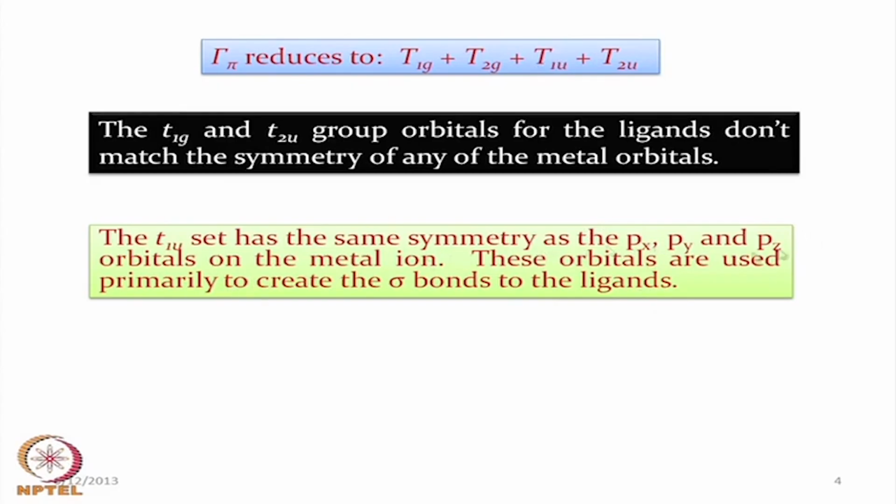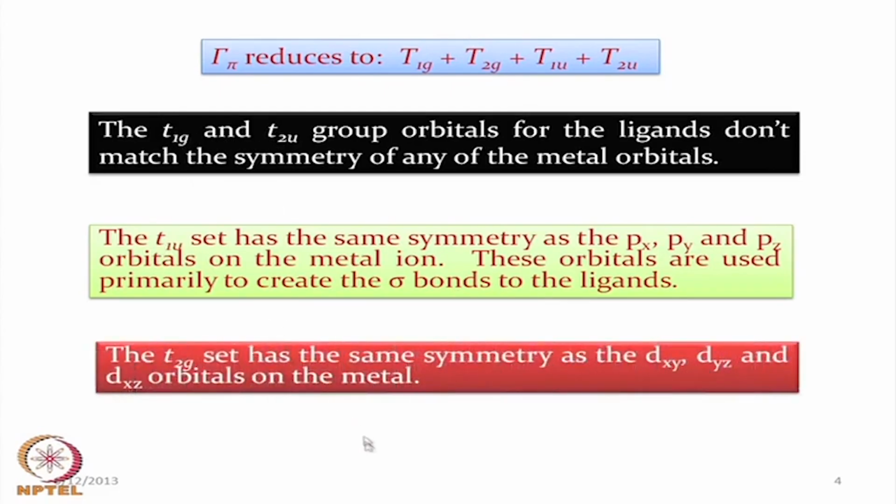So, these 3 orbitals have already been used up for sigma bonding interactions from the metal side. Though this T1u set of orbitals is available from the metal side, it has already been consumed for the sigma bonding interaction. And we do not have any matching orbitals of T1g and T2u type. So, the T2g set has the symmetry of dxy, dyz and dxz orbitals on the metal ion.